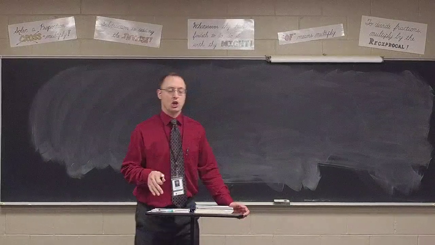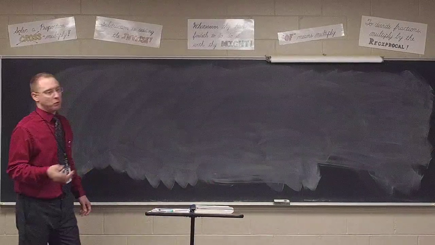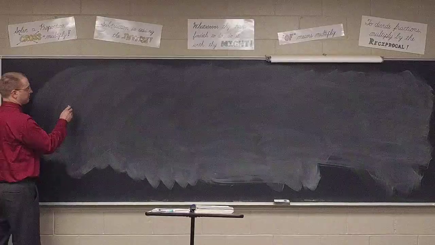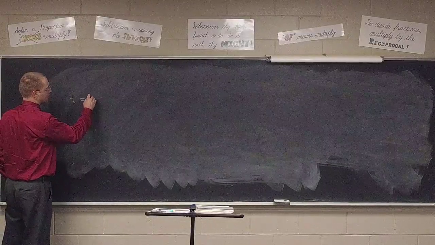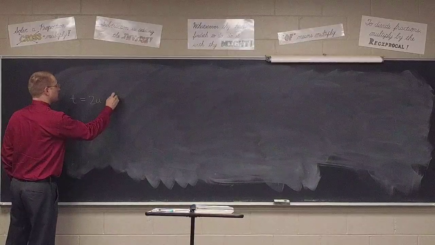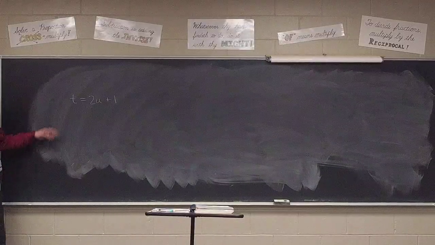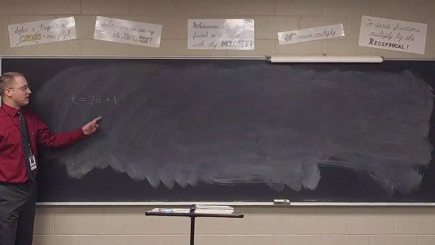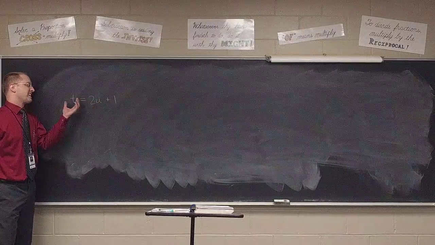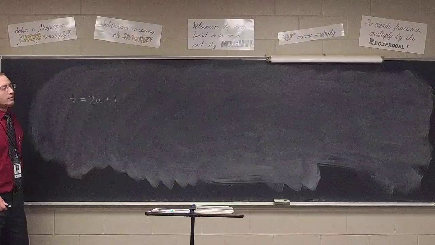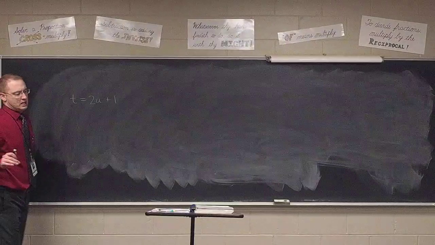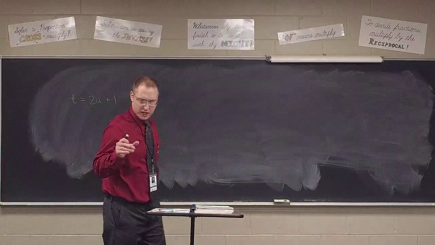So how would we show that? There we go. T equals 2u plus 1. The tens digit is going to be 1 more than twice the units digit. It exceeds twice the units digit by 1. That's what it equals.